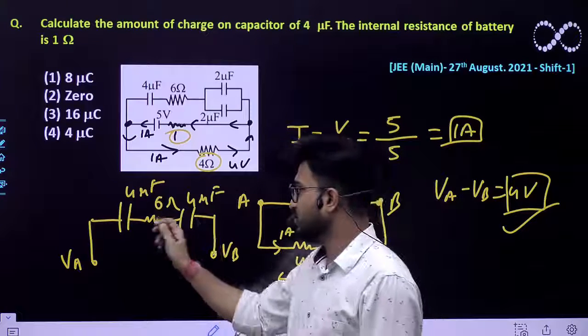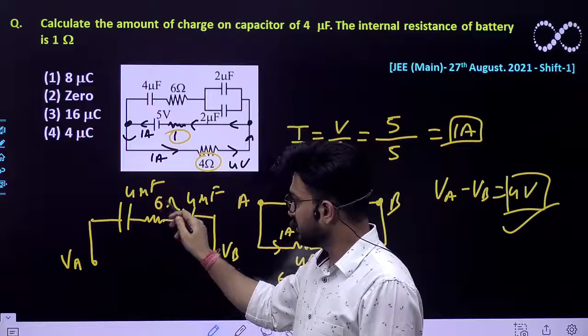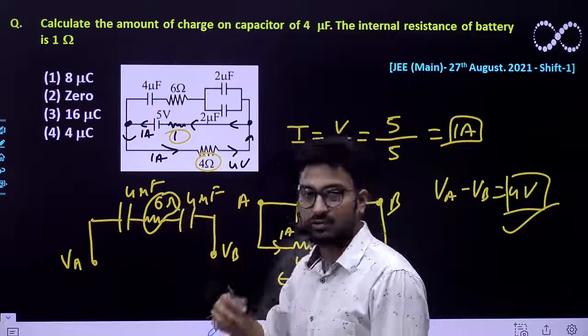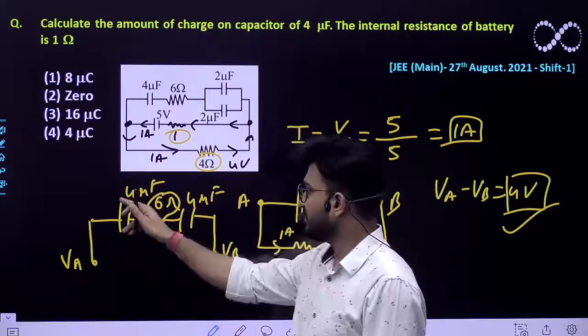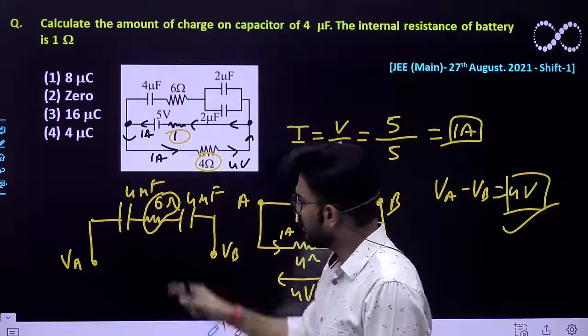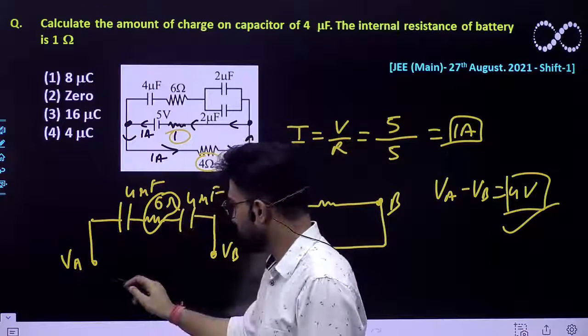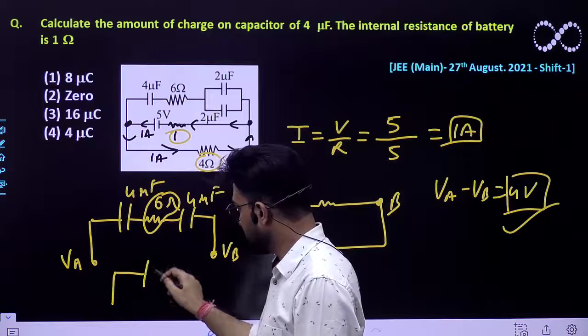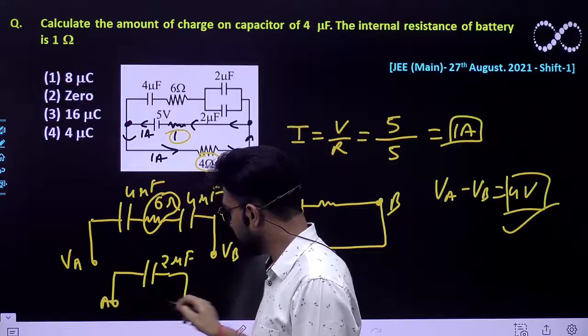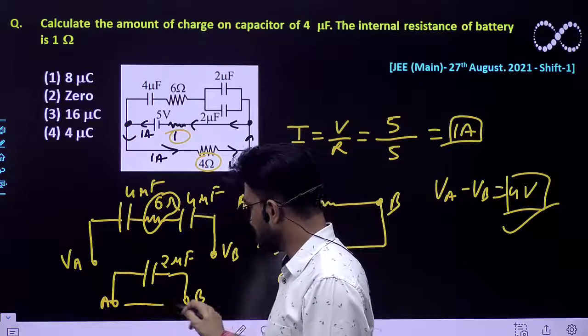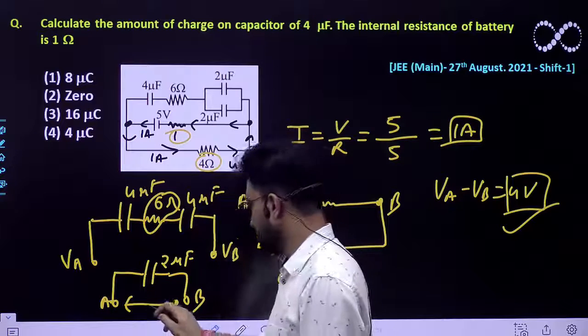Also no current is flowing through it, so the potential across the resistance would also be 0, because in the upper end no current is flowing through it. So the effective capacitance of these two is 4 in series with 4, so eventually you'll get 2 microfarad as the effective capacitance across A and B, and the potential drop is 4 volt.